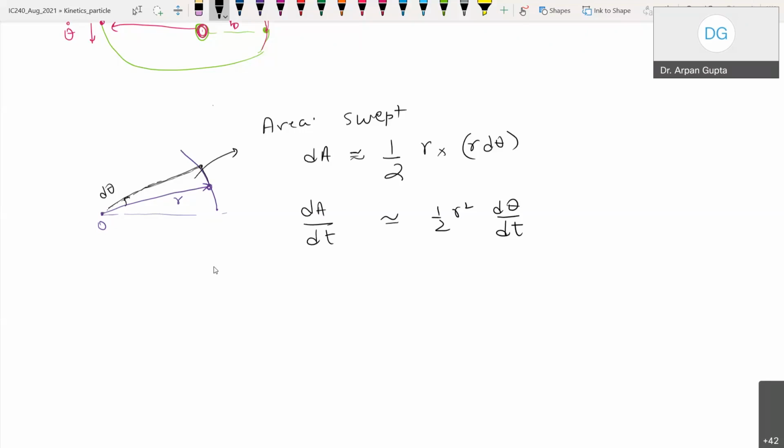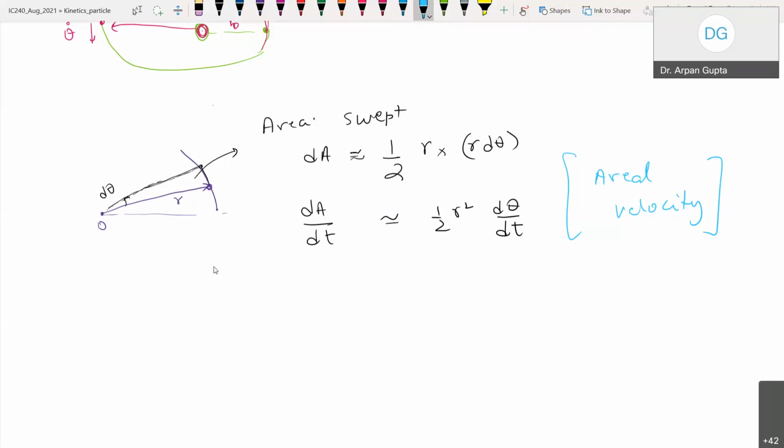This rate of change of area, or the rate at which area is changing, is called by a new term, areal velocity. We are analyzing the motion of a satellite.